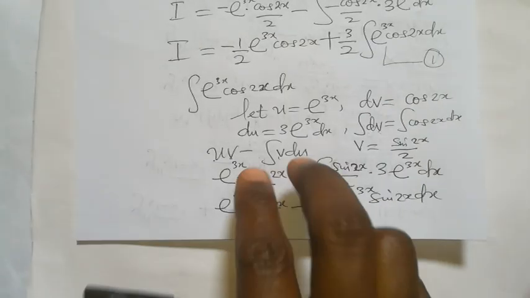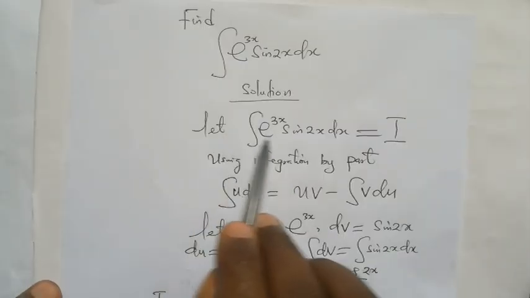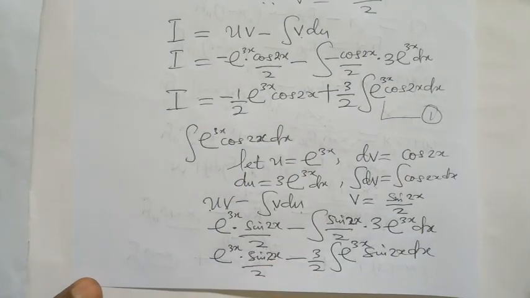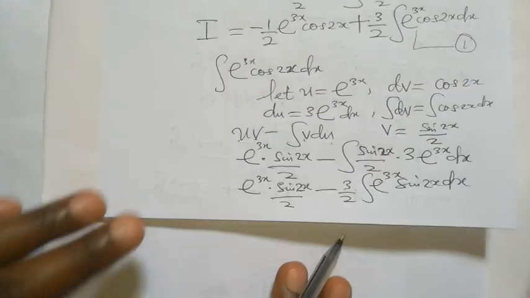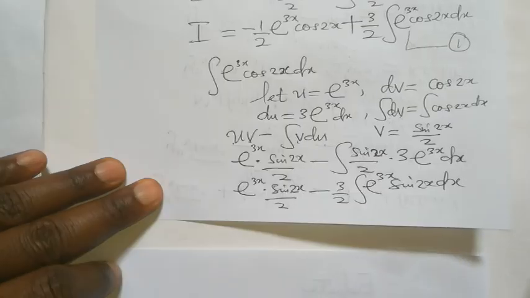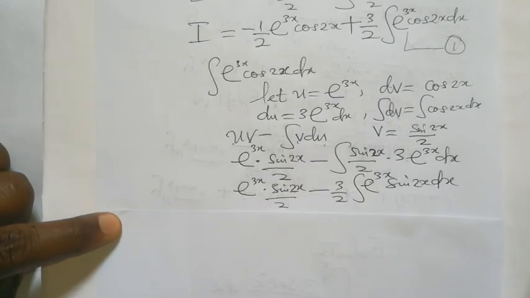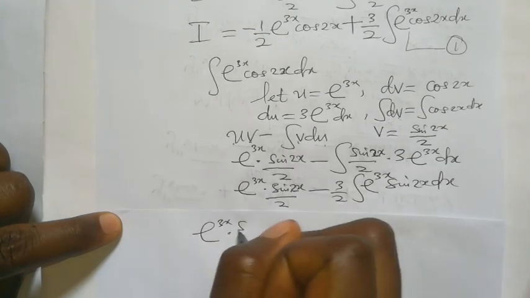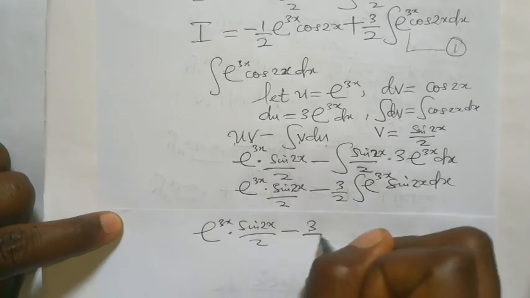So if you look at it from the main equation, we said let this be this, and if you look at it, this one is equal to I. So in that case, we can say we now have e to the power of 3x times sine 2x over 2 minus 3 over 2.